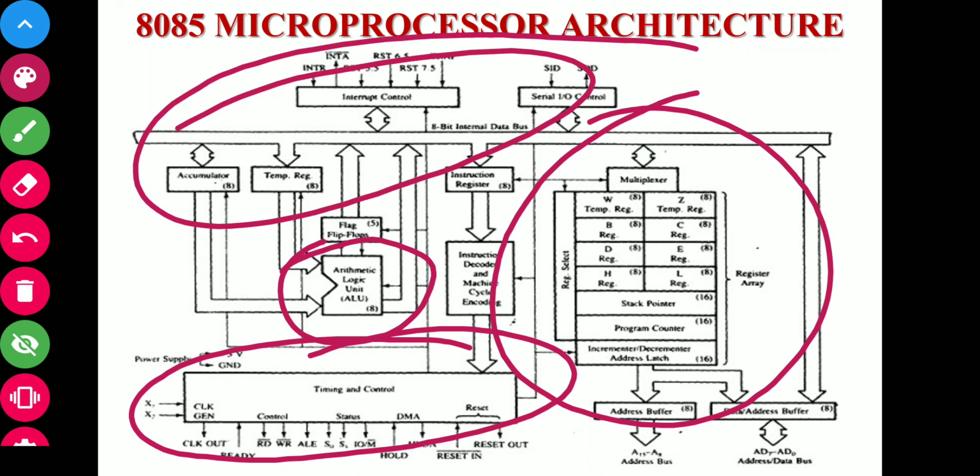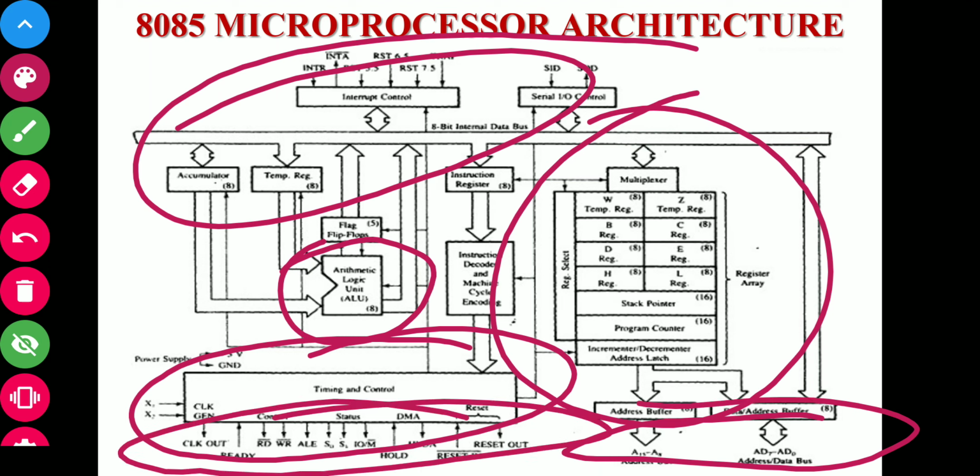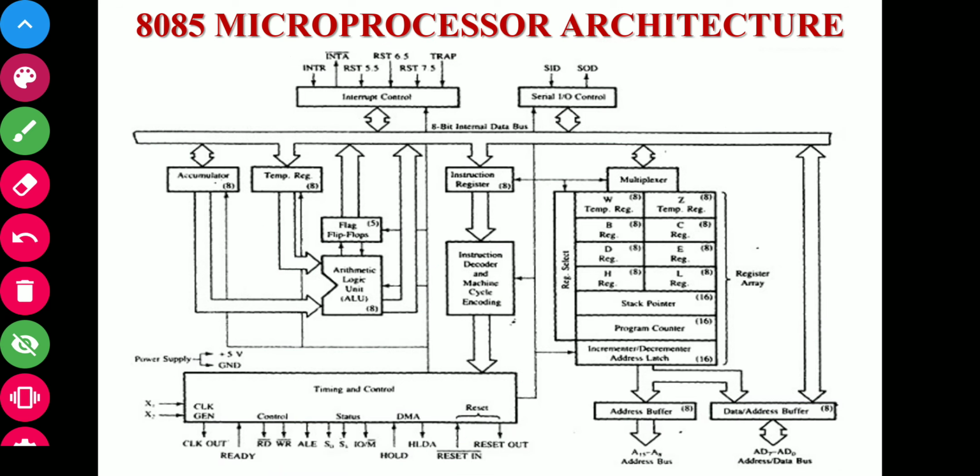The arrow marks and representations each perform some operation, which we will discuss further. So according to the 8085 microprocessor architecture, there are only three major parts: one is the register array, another is timing and control, and another is the ALU, the arithmetic logic unit.